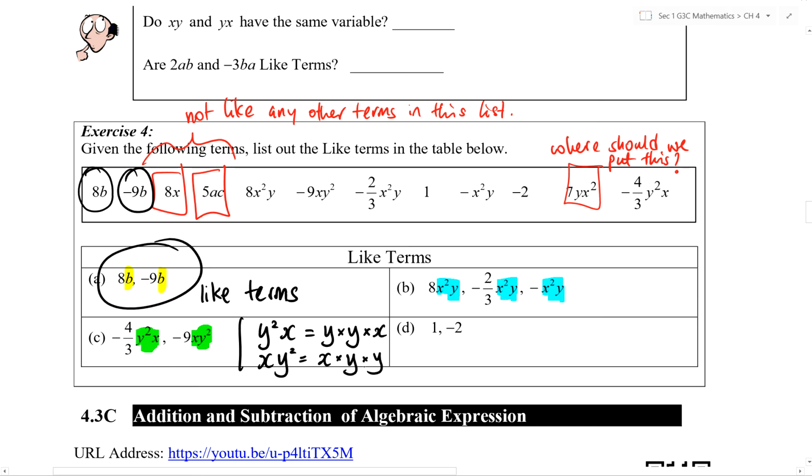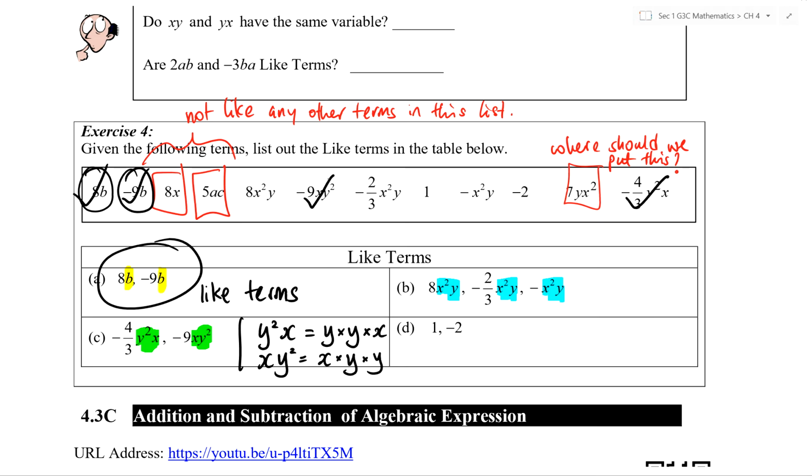Are they the same? Yes, they are the same. So these two terms are like terms. Look at the highlighted green color part. I'm highlighting to show you they are the same. Therefore, these two we are done already: -4/3 y square x as well as negative 9x y square. They are like terms. We put them together.